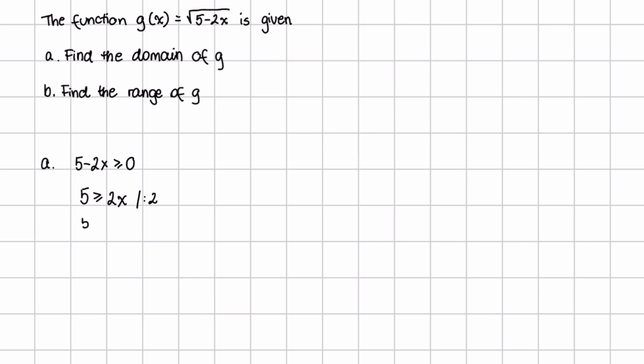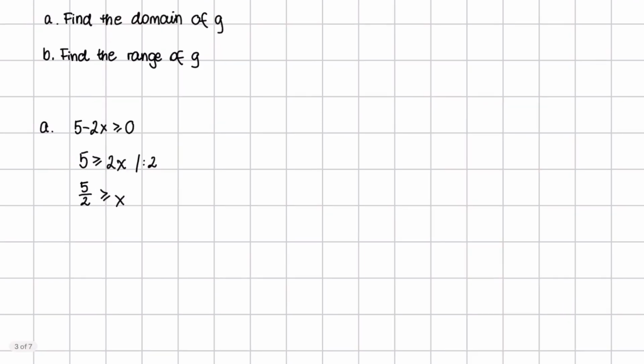So here we have 5 divided by 2, a fraction, and here we have just x. And this is our answer. However, we can also write it in this form: x is smaller than or equal to 5 over 2. So from minus infinity to 5 over 2. This is our domain, and now we have to find the range.